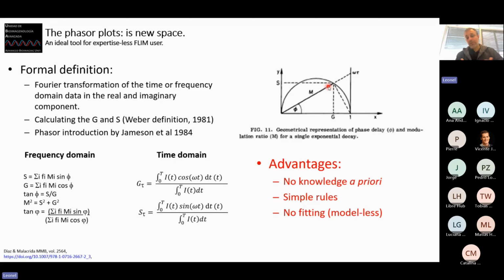So what are the main advantages? Well, you don't need a priori knowledge because if you look at the Phasor, you will realize what is going on. The only thing that you need is to learn this new language. The other thing is the rules are very simple and it's model-free. You don't need to fit, which is an important thing because you are not assuming a priori if you have one component, two components, or autofluorescence or whatever.